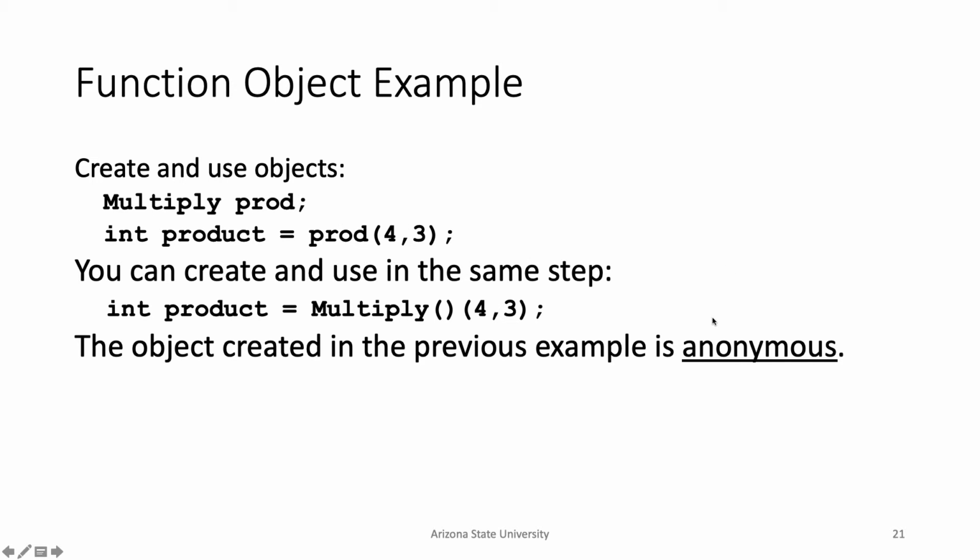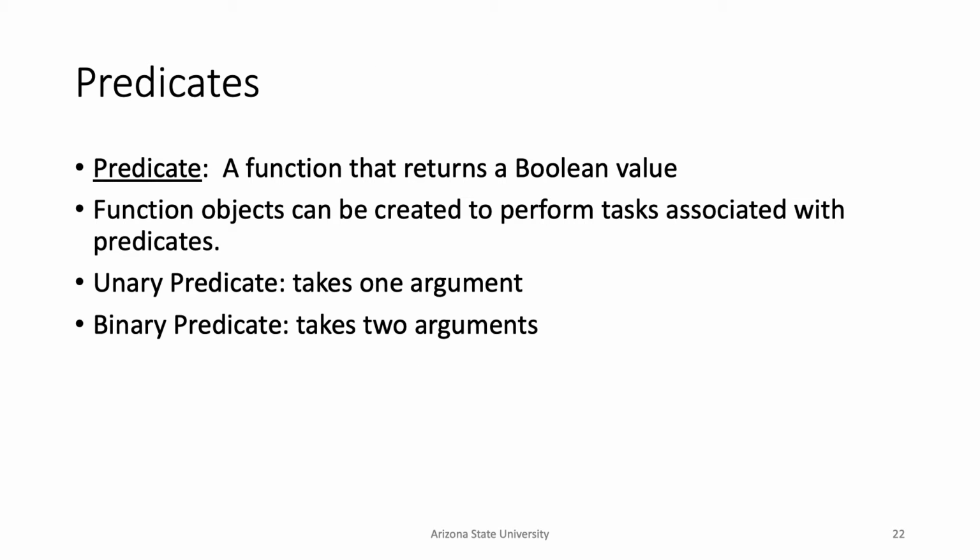So why are we talking about these anonymous objects versus giving a name to them? It's something that some people in some of the assignments have used before. It's something called a predicate. A predicate is a function that returns a Boolean value.